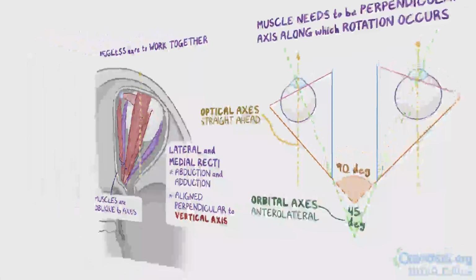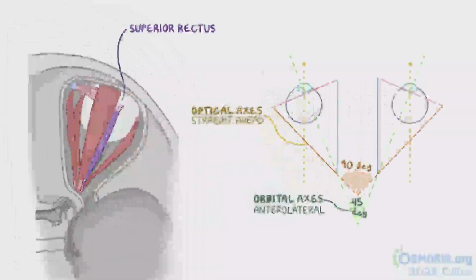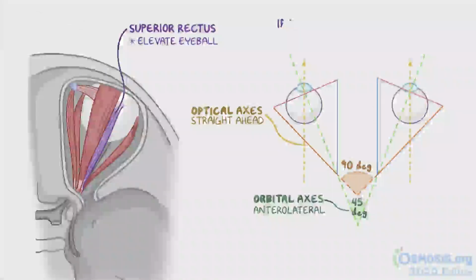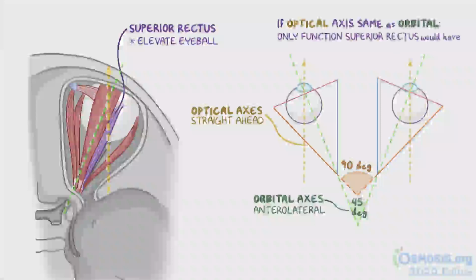For example, the main function of the superior rectus, which runs anterolaterally in line with the orbital axis and inserts superiorly in the sclera, is to elevate the eyeball. And if the optical axis was in the same direction as the orbital axis, then that is the only function the superior rectus would have.